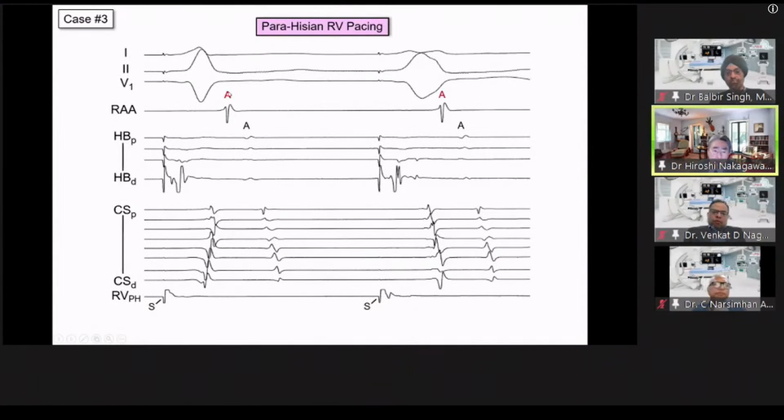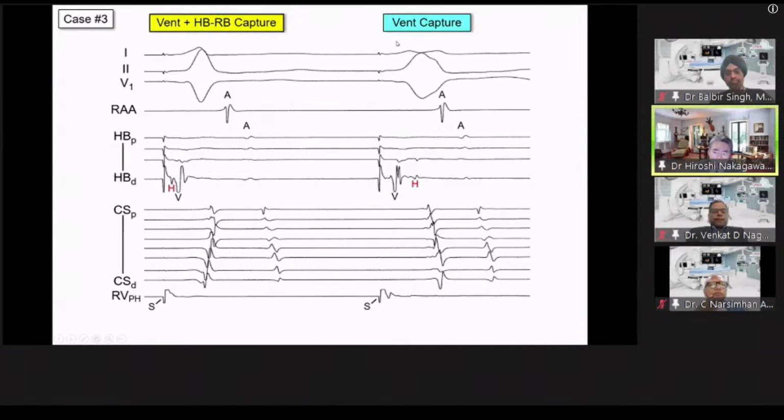Here's another case. Here are the right atrial appendage, His region, coronary sinus, and parahisian pacing. This time, the earliest A activation site is the right atrial appendage. Again, when you have His capture, the His comes before the V. When you lose His capture, the His comes after the V. The conduction time, stimulus to A at the earliest activation site in the right atrial appendage, is fixed. The stimulus-A interval is fixed, and the HA interval, when you lose His capture, is getting shorter.